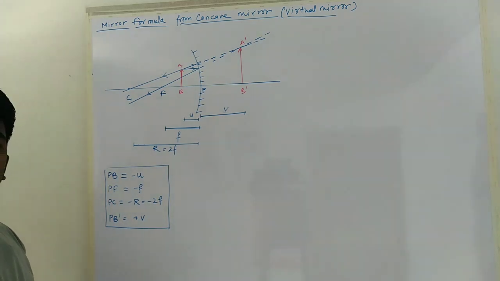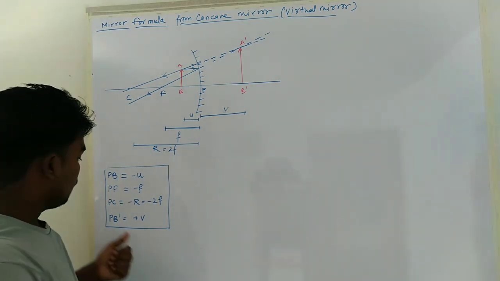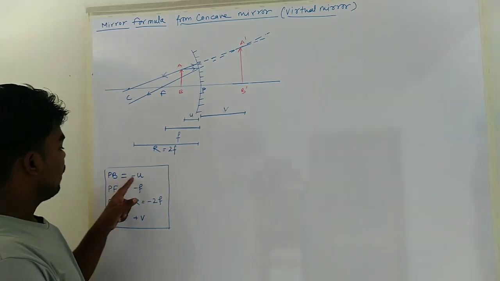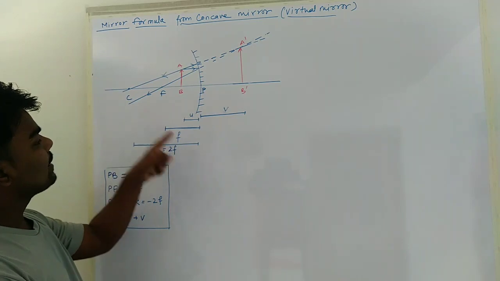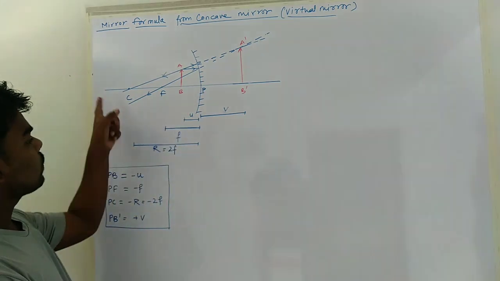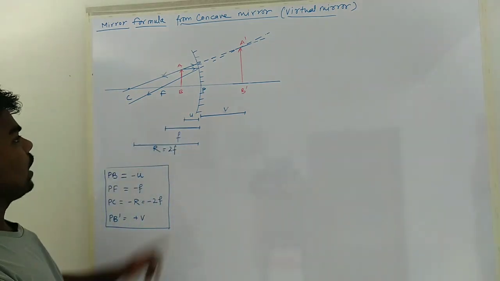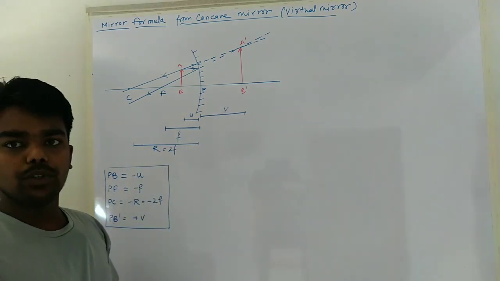U will be negative because it is always towards the left. Focal length is negative, and radius of curvature is negative because it is to the left. Image distance will be positive.